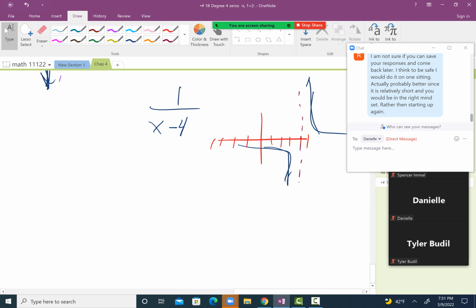Remember we were talking about limits? If we take the limit of this as x approaches 4 from the positive side, this particular rational would go to positive infinity.